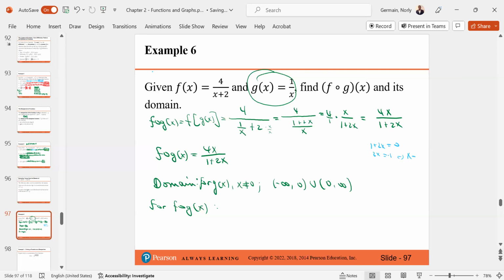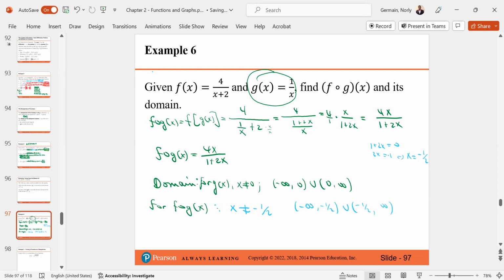So x cannot be negative 1/2. So remember, for f of g of x, x cannot be negative 1/2. If you remove that, you get negative infinity to negative 1/2, union negative 1/2 to infinity.